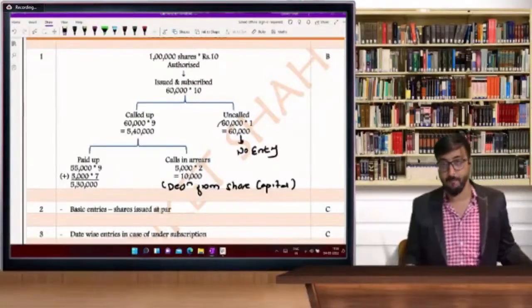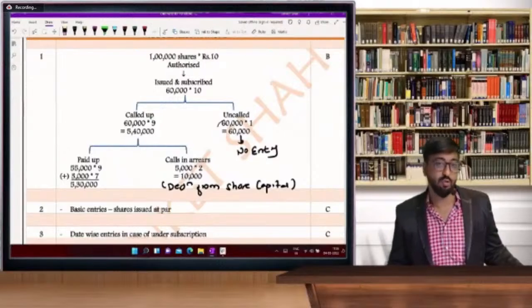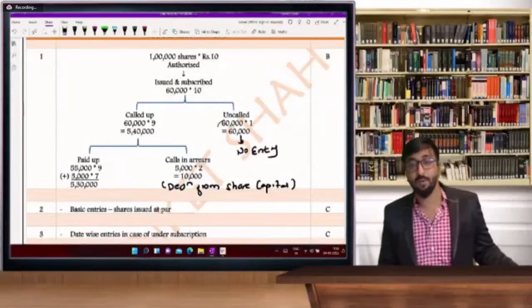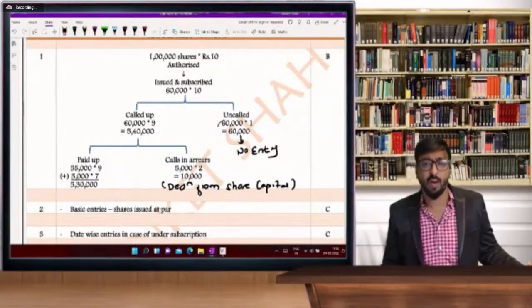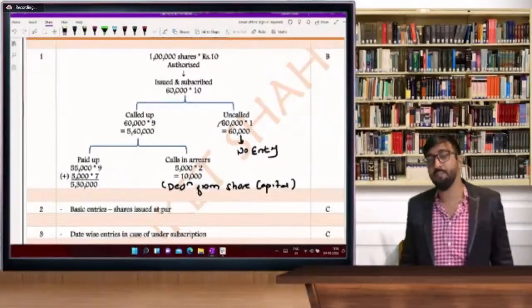So this is a chart. 1 lakh is the maximum limit. Issued capital is 60,000 shares. Out of that, 55,000 paid rupees 9. So you called up only 9, beta. Uncalled capital's entry is never made, but you called rupees 9. And 5,000 shares, they paid you only rupees 7.